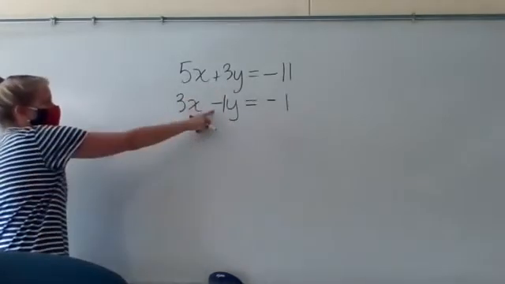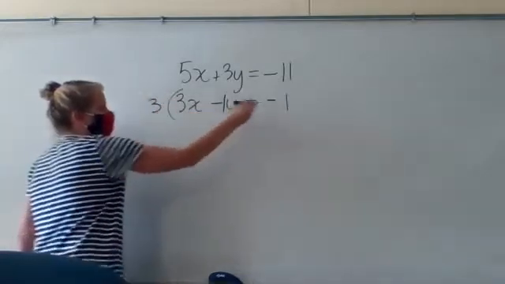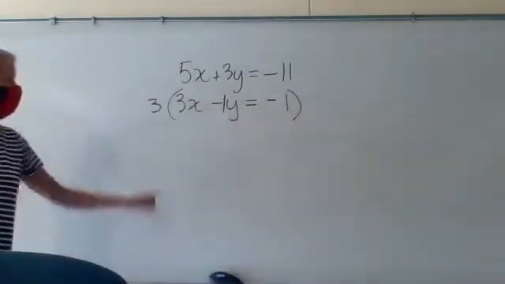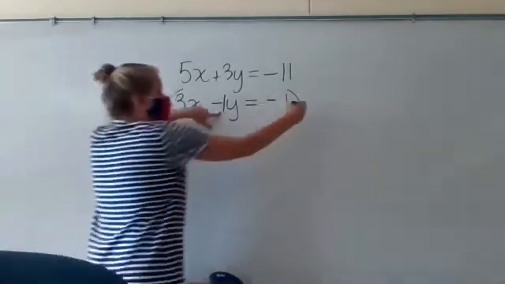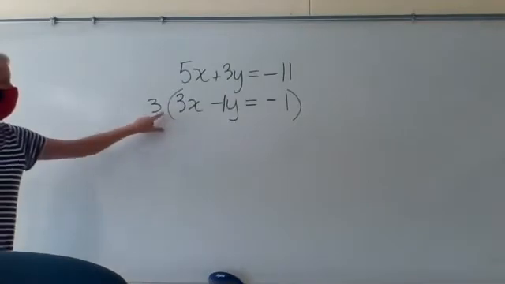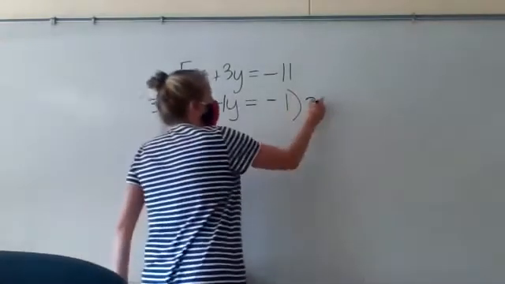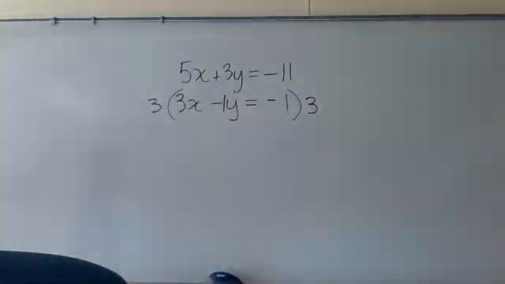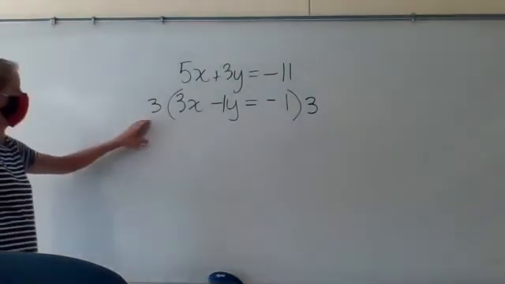Well, negative 1 times positive 3 turns this into a negative 3, which is what I want it to be. Now remember, if I do it to this side, I have to do it to the other side.